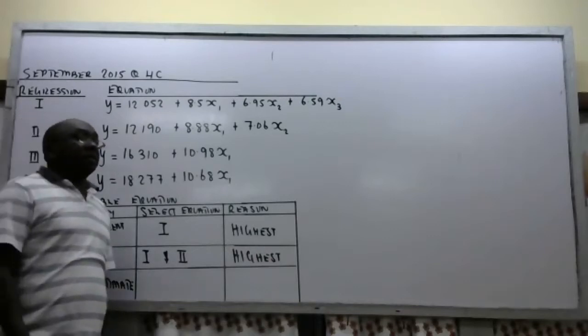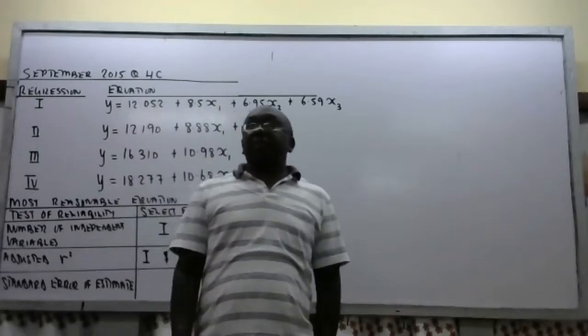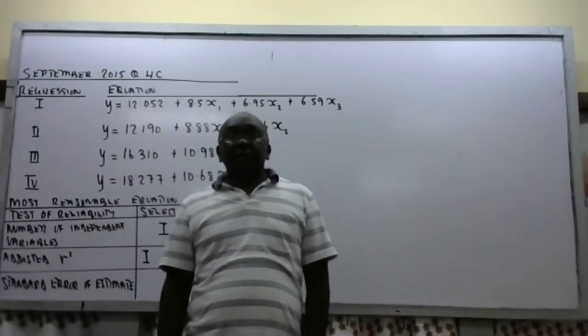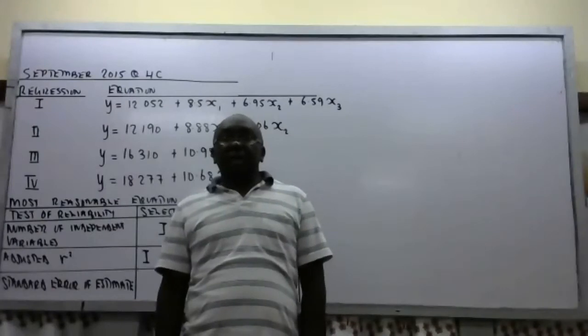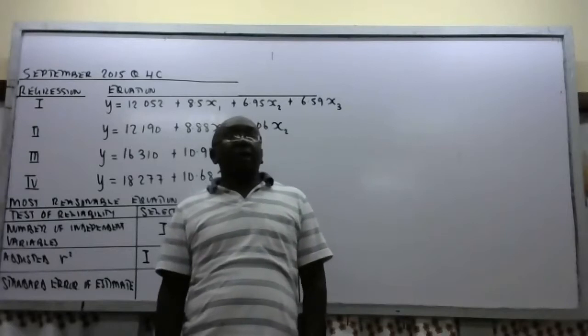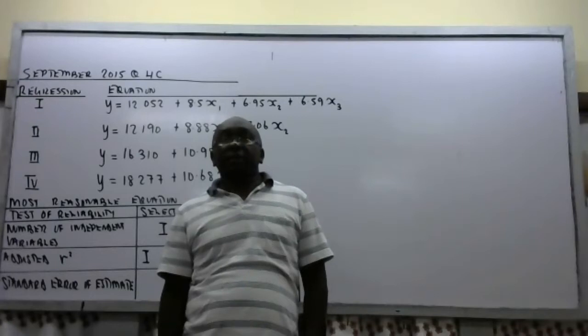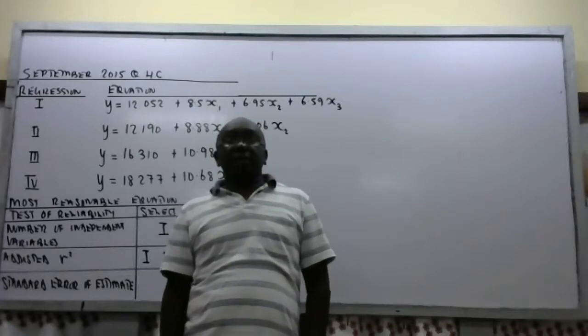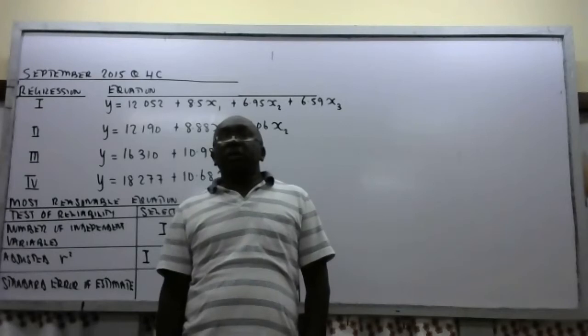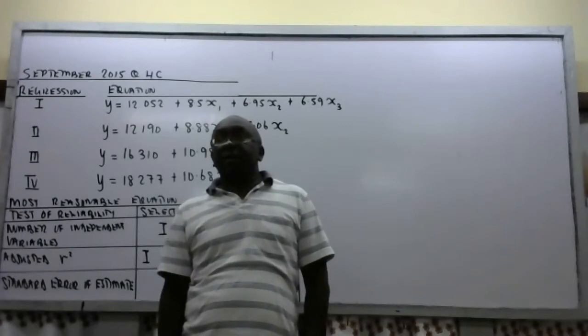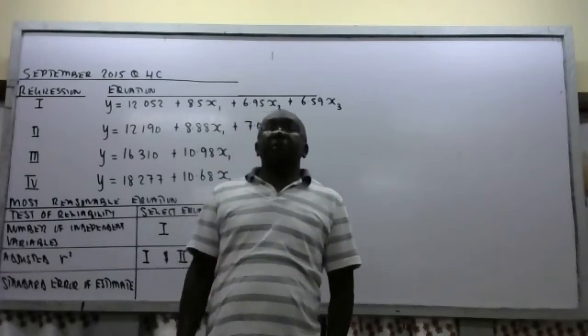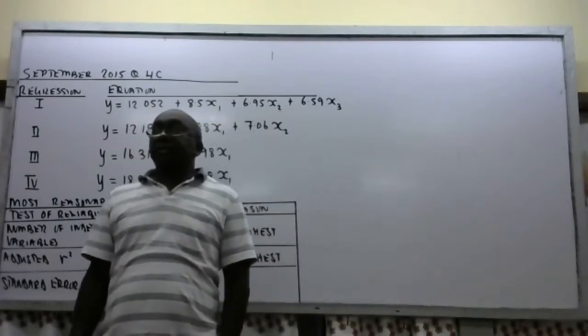Then standard error of estimate. The first equation has a standard error of estimate of, the second one, the third one, and the fourth one. So which equation do we prefer? When you're looking at errors, do you go for a relationship that has many errors or fewer errors?